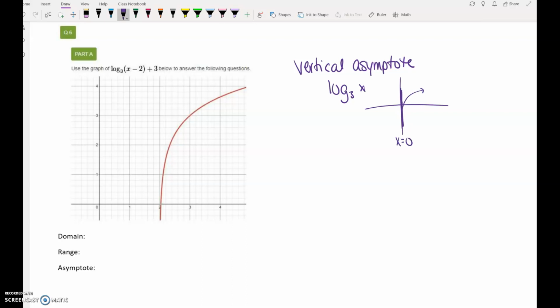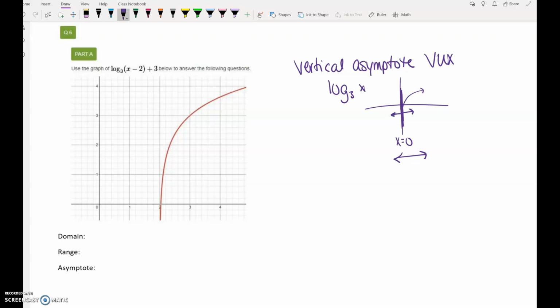Remember, vertical asymptotes, that's vux. It's x equals something. So if you move this graph up or down, it's not going to change that asymptote. It's moving it side to side. If you move this graph left or right, it will take that vertical asymptote and shift it left or right.